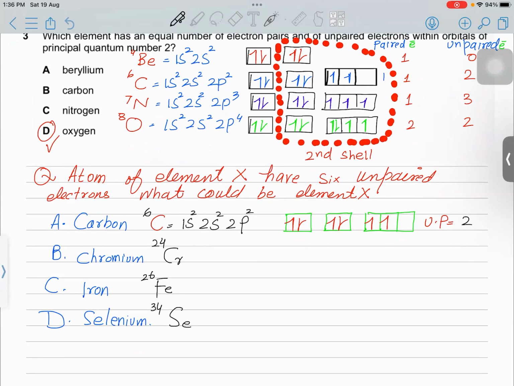Now chromium. You know that chromium is an exception: 1s2, 2s2, 2p6, 3s2, 3p6, 4s1, 3d5.